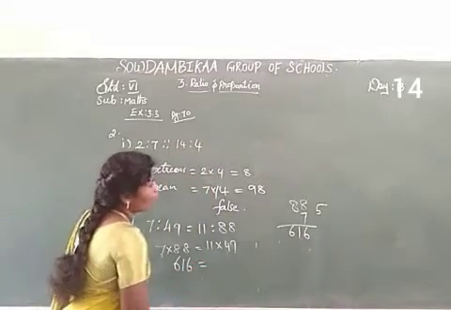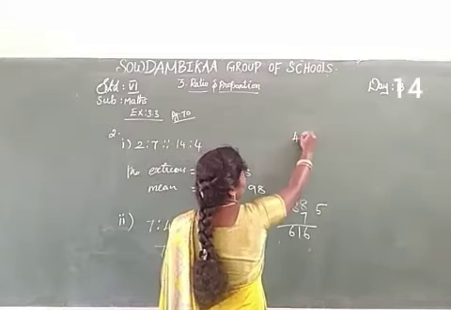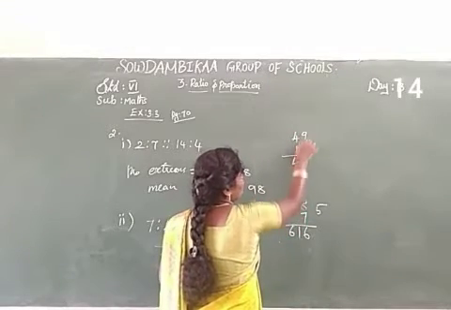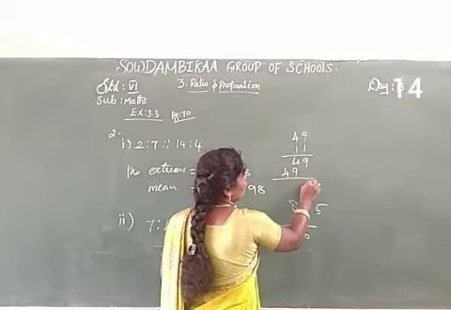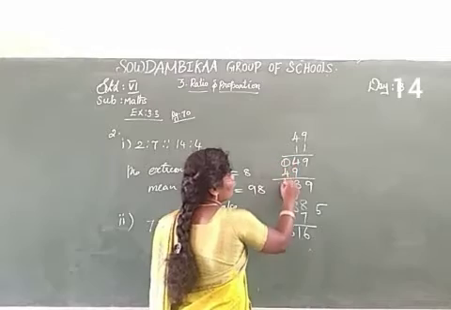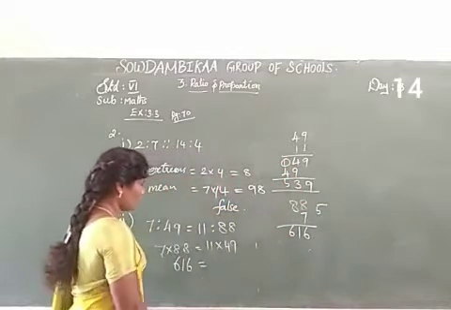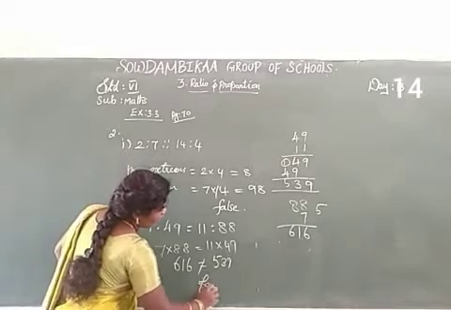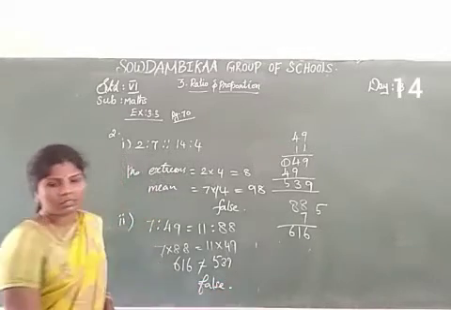Now multiply 49 by 11: 1 9 is 9, 1 4 is 4, 4 plus 9 is 13, remaining 1, 4 plus 1 is 5, so 539. 616 is not equal to 539. The second one is also false.